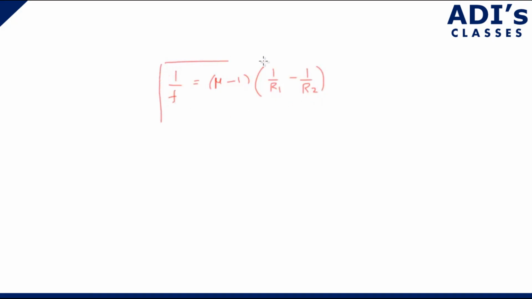So this is what we call the lens maker's formula, because it gives a relation between the focal length f and the radii R1 and R2, and even the refractive index. This is the reason it's called the lens maker's formula, because if you know the radius of curvature of the two surfaces and the refractive index, you will get to know the focal length.